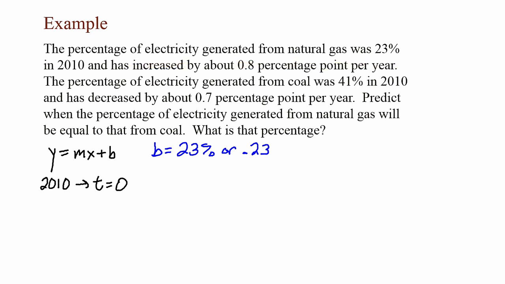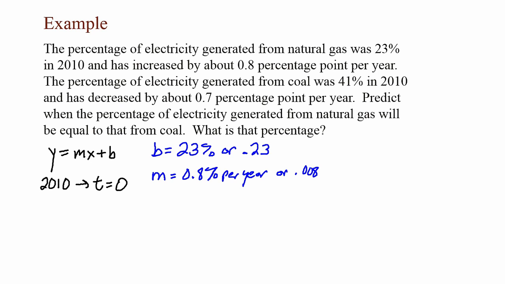Then we are told it has increased by about 0.8 percentage points per year. What that tells us is the slope. It went up by 8% per year, or 0.008 when we change our percent to a decimal.